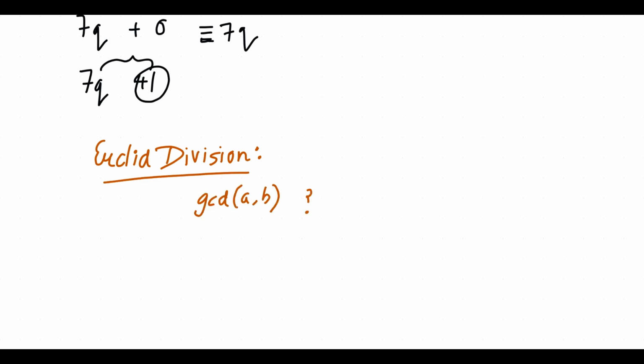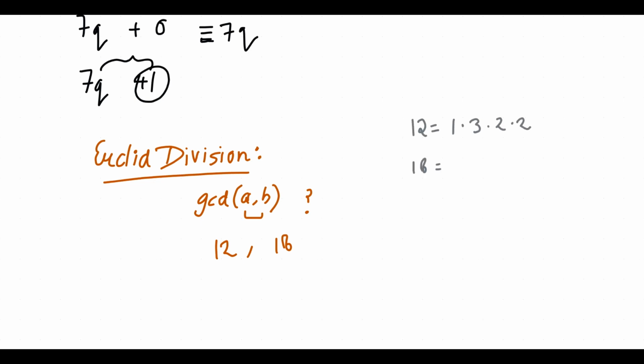You have two numbers, let's say a and b. They will have some common divisors. Let's say we have 12 and 18. There will be numbers which divide 12 and also divide 18. For example, 12 can be written as 1 into 3 into 2 into 2, and 18 as 1 into 3 into 3 into 2.